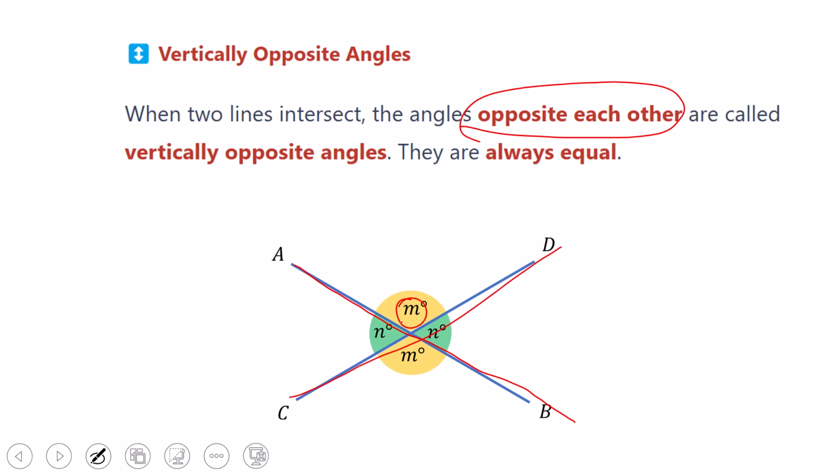You can see that this angle is opposite to this angle. So these two angles over here, the ones in orange, are vertically opposite angles. And this angle in green and this angle over here are also vertically opposite. So therefore they are also the same. Vertically opposite angles are formed from the intersection of two lines.